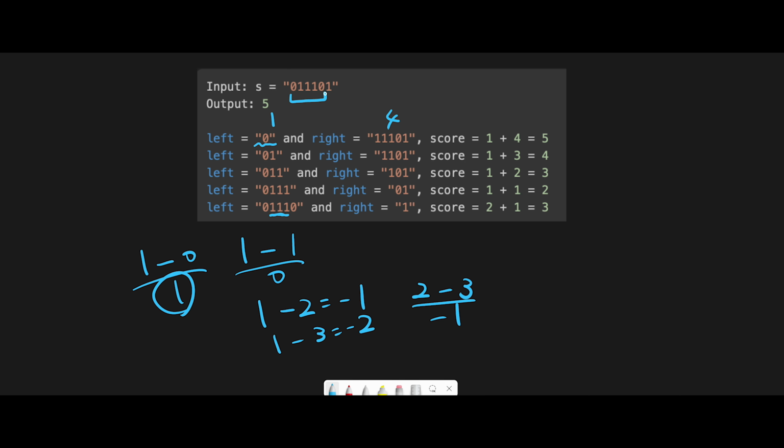And then at last we check the last position, and if the last position is 1, we should add plus 1 to the number of 1s. So now we have 3, 1, plus the last is 1, so add 1, and in total we have 4, 1. So in the end, the left max value should be 1, and the right max value should be 4, right? So that's why 1 plus 4 equals 5.